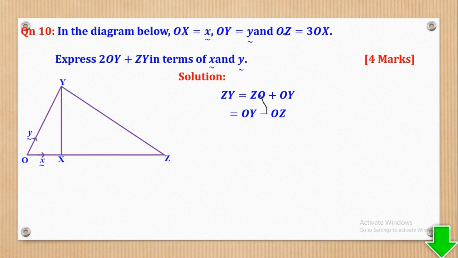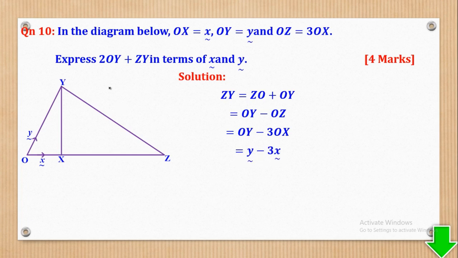We also know that OZ is equal to 3OX. So we substitute for OZ, and we now have OY minus 3OX. Since we know OY and OX, we substitute, which gives Y tilde minus 3X tilde as my ZY.